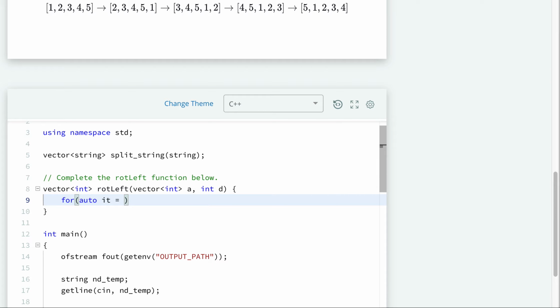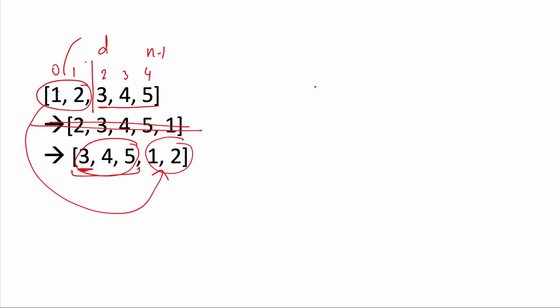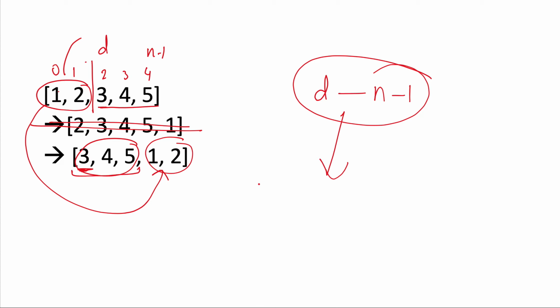We will copy everything from d to n minus 1 to the result vector, so copy everything to a new vector.